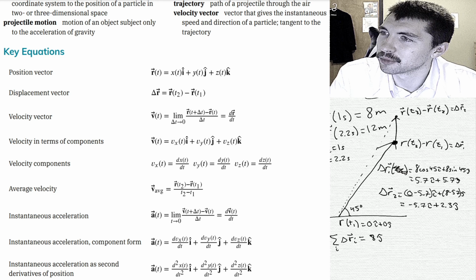So wouldn't this just be 8 plus 5.7? So that would be 13.7i plus 5.7j. Then the total displacement should just be 19.4i plus 11.4j.